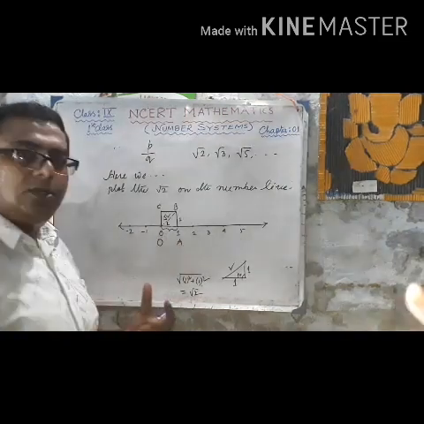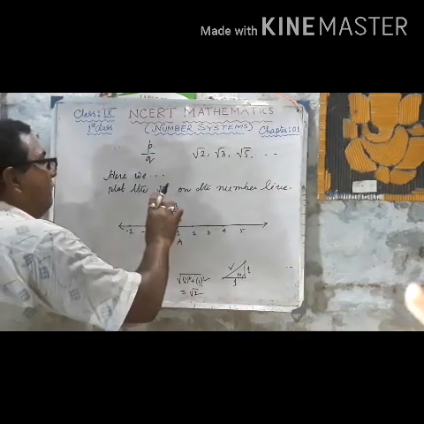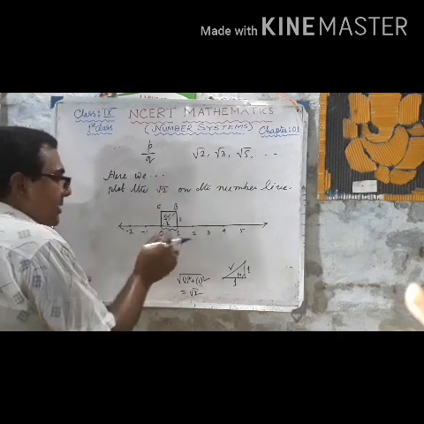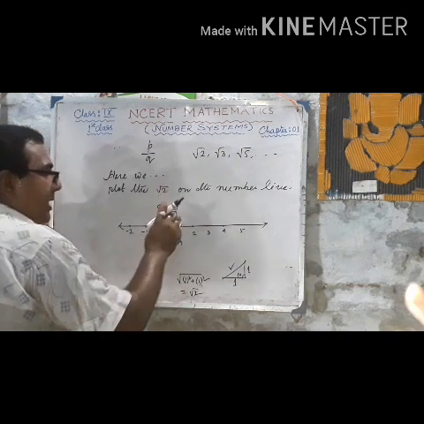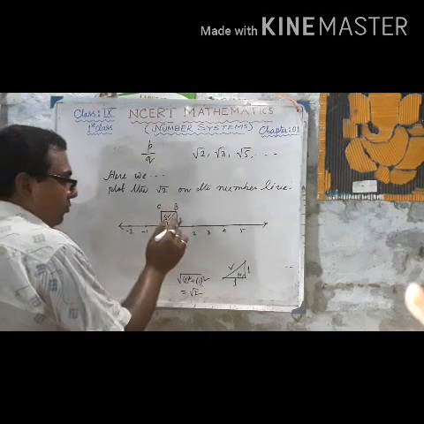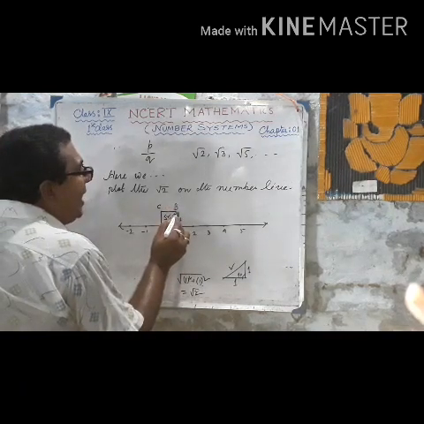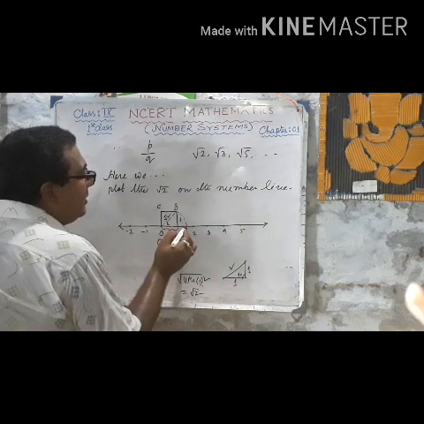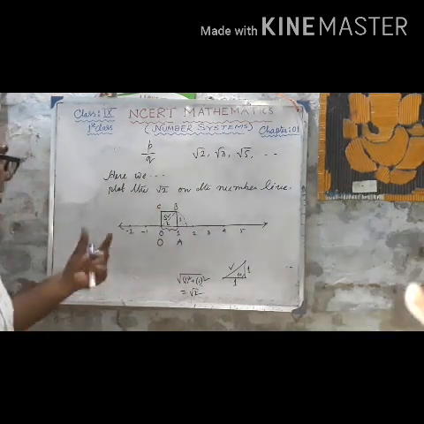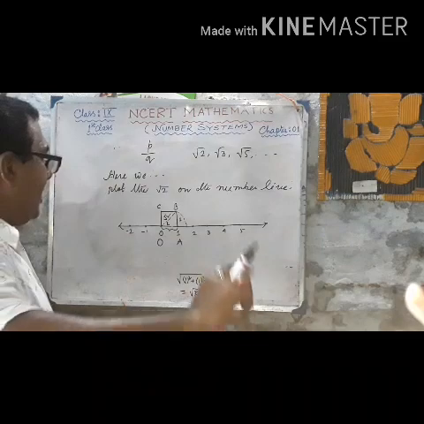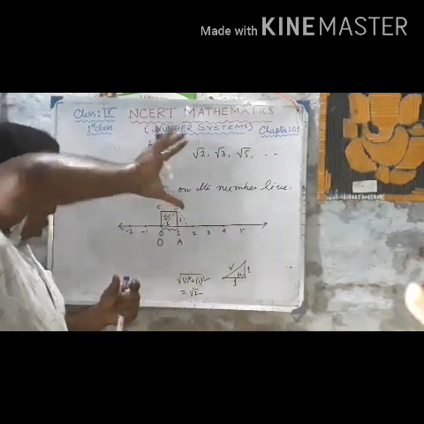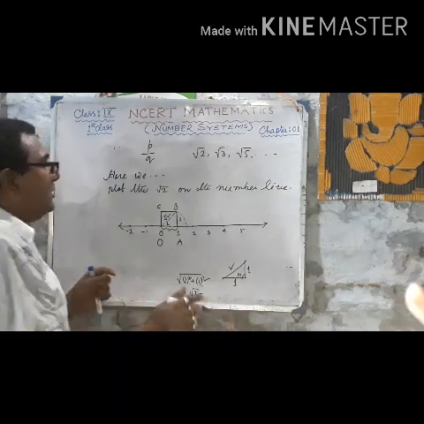The length of OB is root 2. If we construct an arc on the number line, taking O as center and radius OB equal to root 2, the picture will be like this. Taking O as center and OB of radius root 2, we draw an arc on the number line.